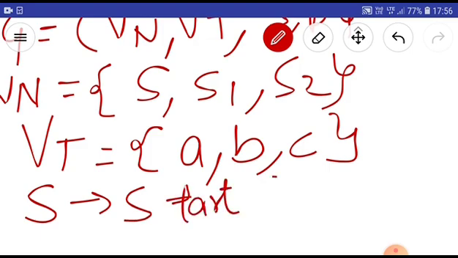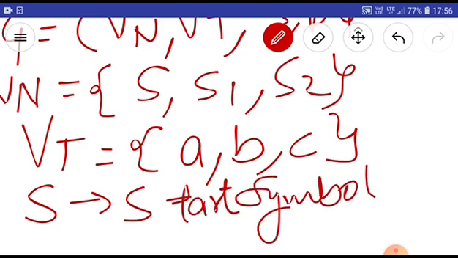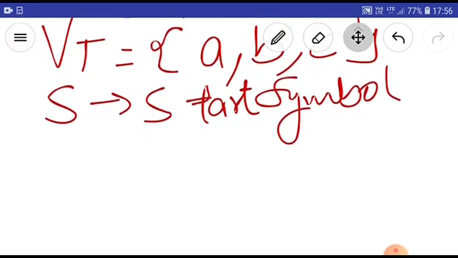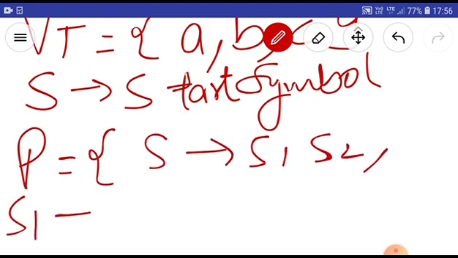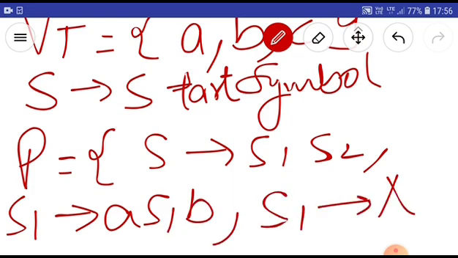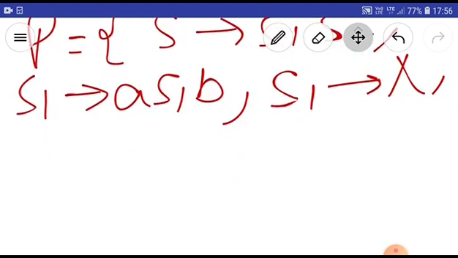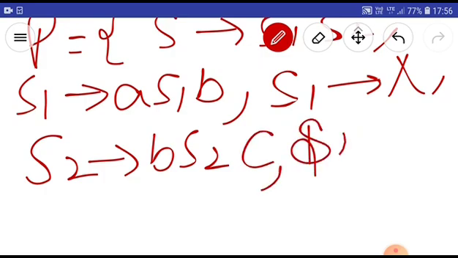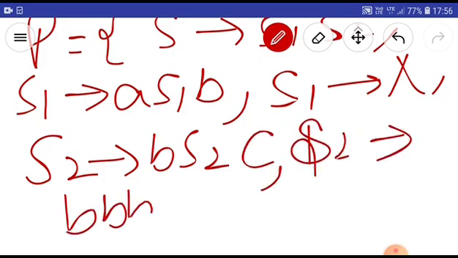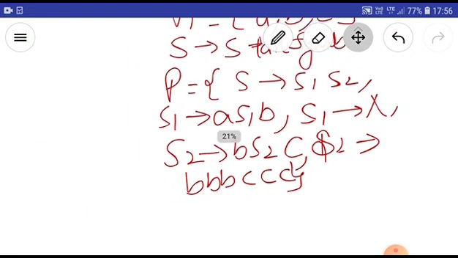Next is my production rules. S produces S1 S2. S1 produces A S1 B. S1 produces kappa. S2 produces B S2 C. S2 produces B B B C C C. So this is my whole grammar.